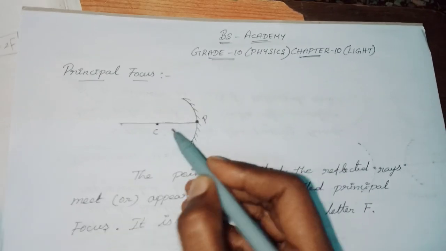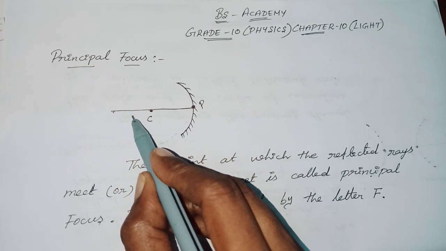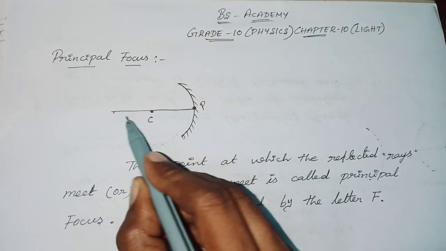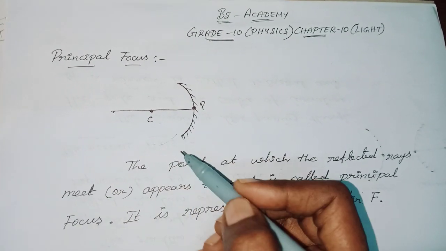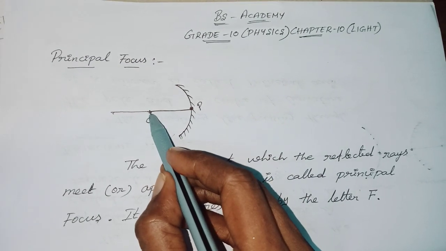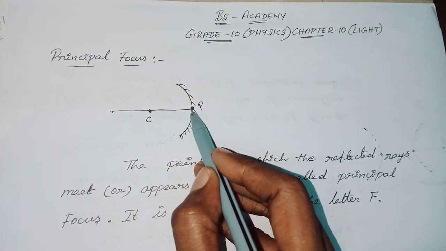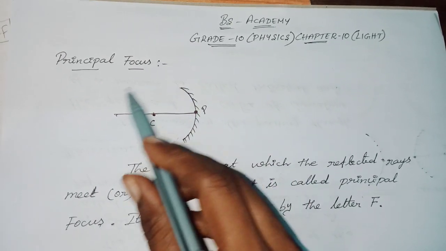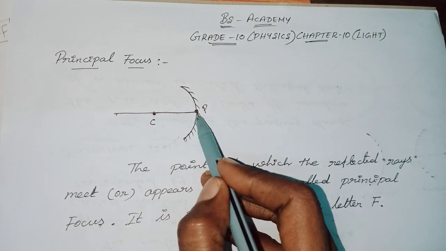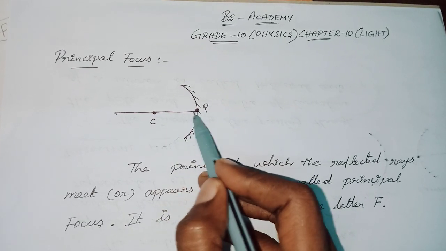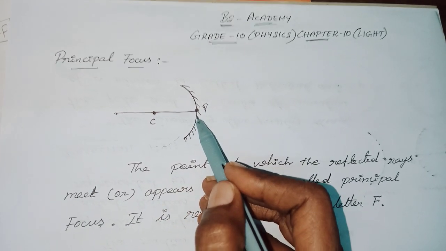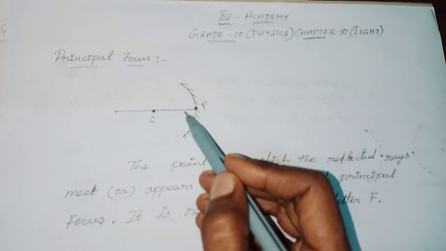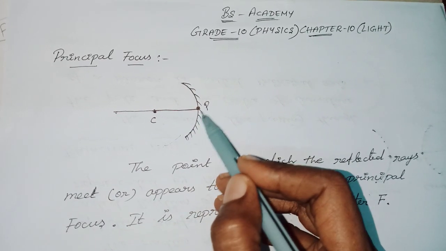This distance is called the radius of curvature, that is the radius of the sphere, represented by the symbol capital R. We already discussed all those things in the last video itself.